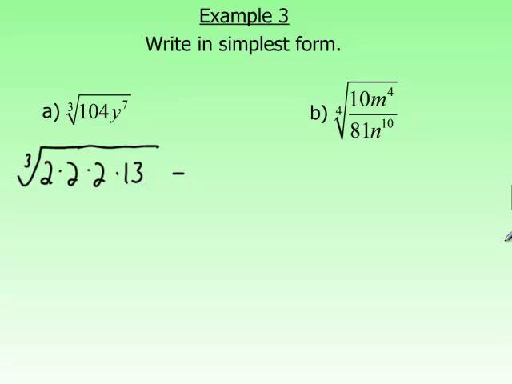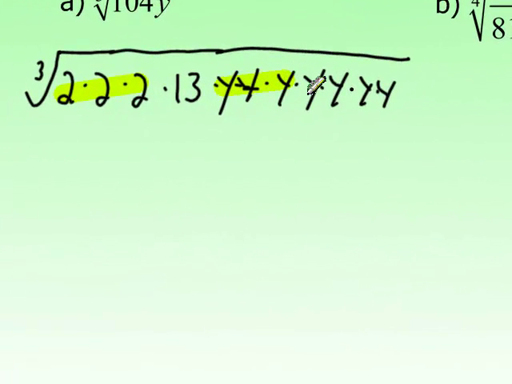And then with y to the 7th, that's just going to be y times y times y times y times, that's 1, 2, 3, 4, 5, 6, 7 y's. Okay, and I'm just going to be pulling out groups of 3. So I have a group of 3 2's here, and then I have 2 groups of y's there.